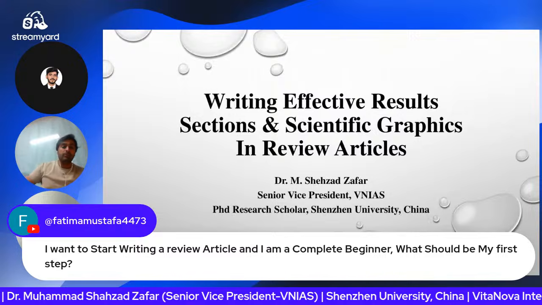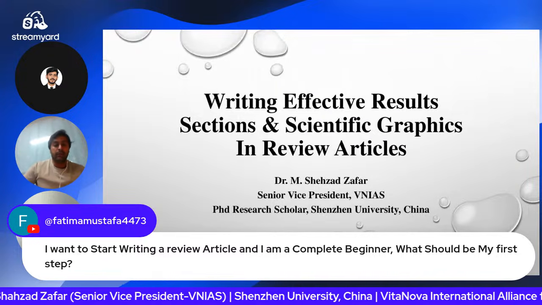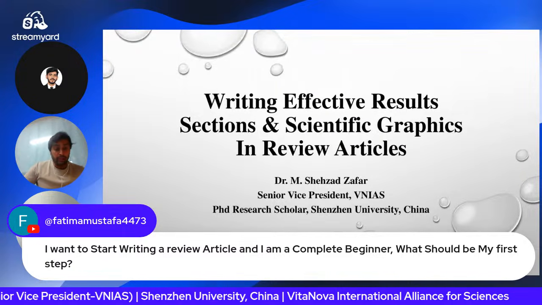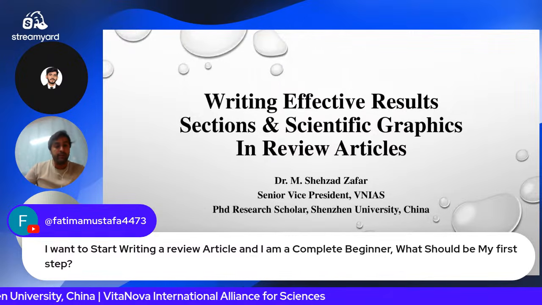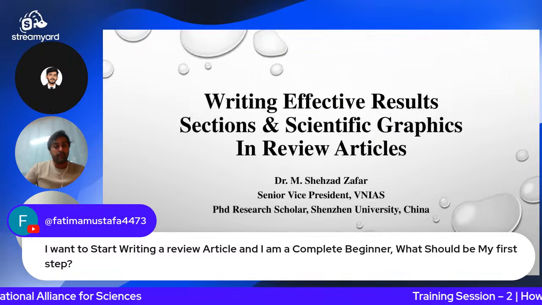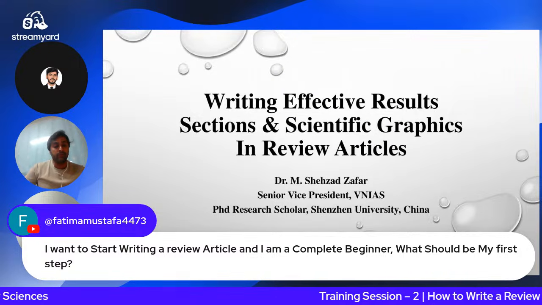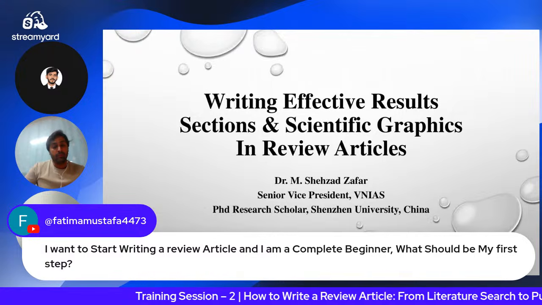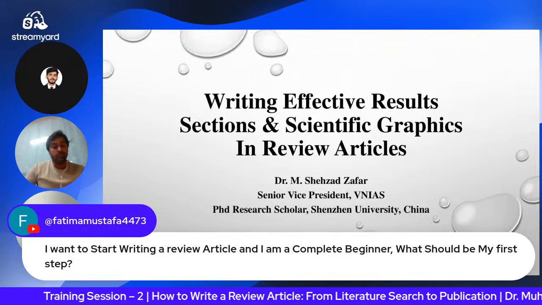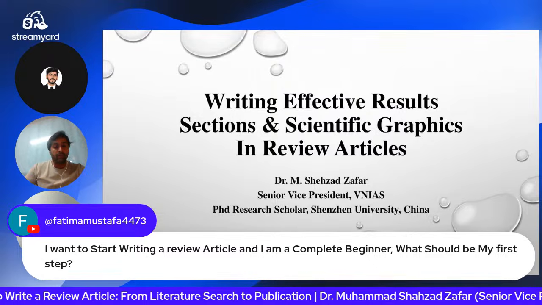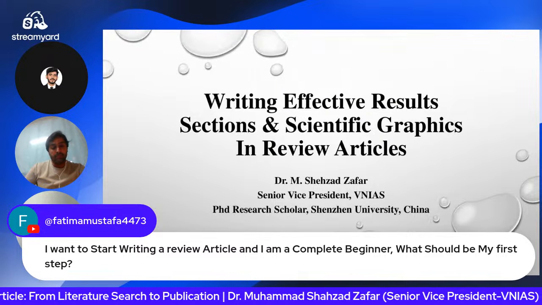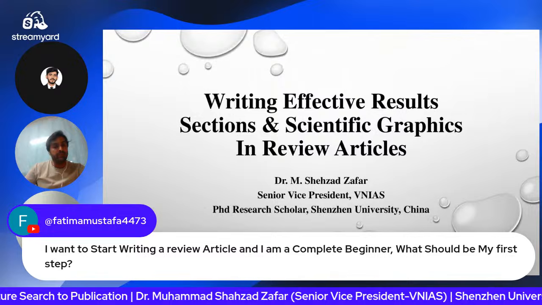Yes, if you want to start a review paper and you are a beginner, first you need to define what kind of review paper you are interested in, and you should design and finalize a title, and decide what you want to write. Then you have to study multiple literatures, a minimum of 15 to 20.